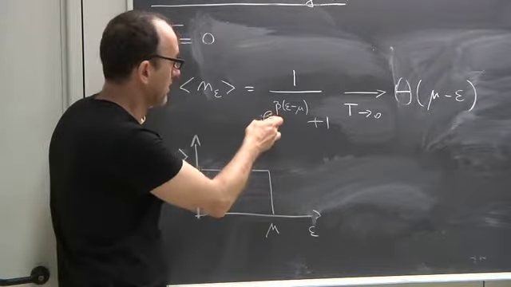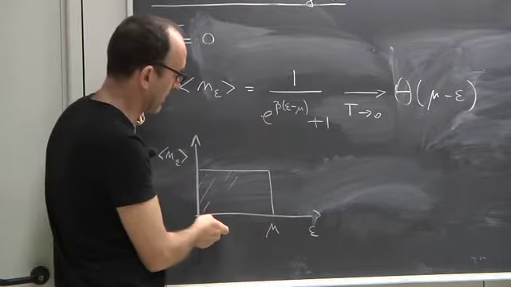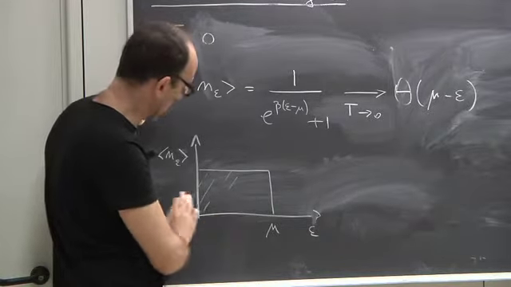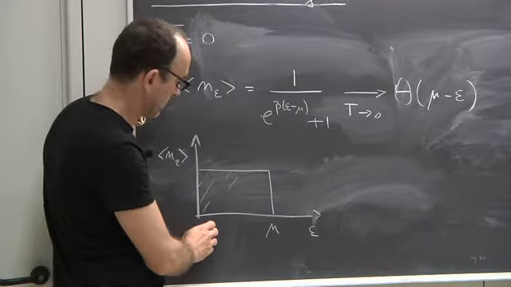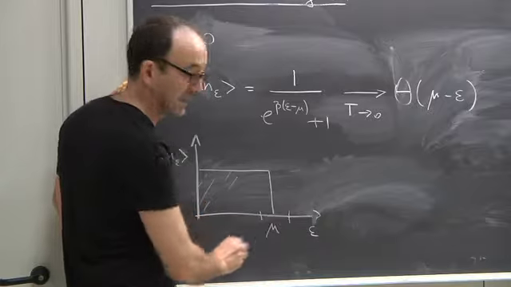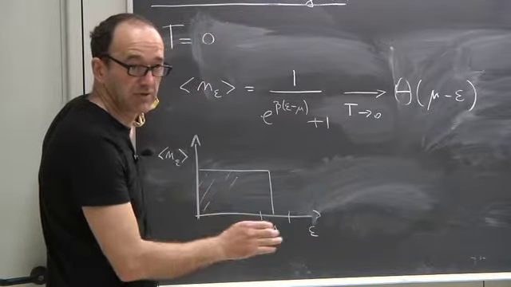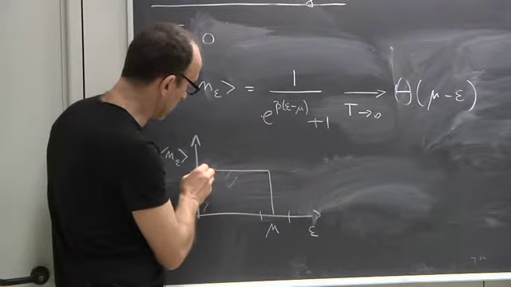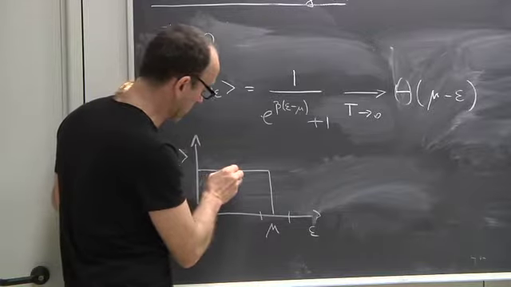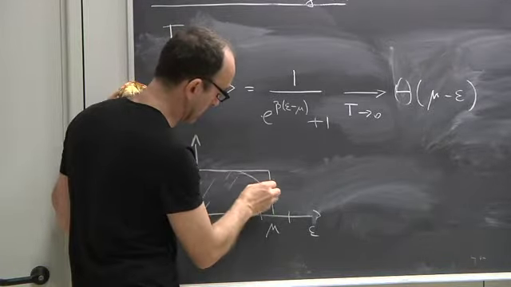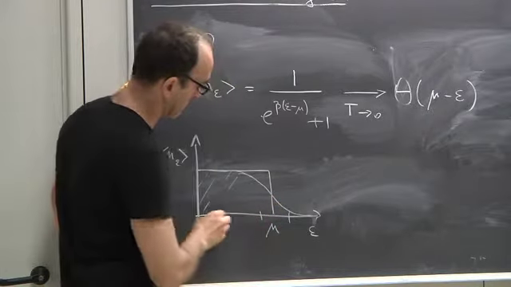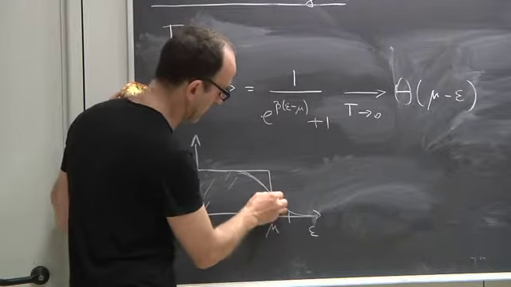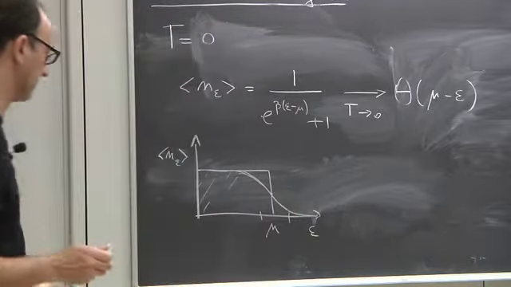Because e to the beta epsilon minus mu will either be very small or very large, okay? So the real change which will happen to the occupation number is in a window of size kT around the chemical potential, okay? So in general, this function will look something like this, and it will always pass through 1/2 here, and then it will have an exponential tail.